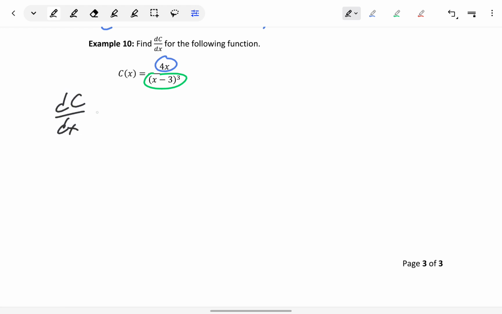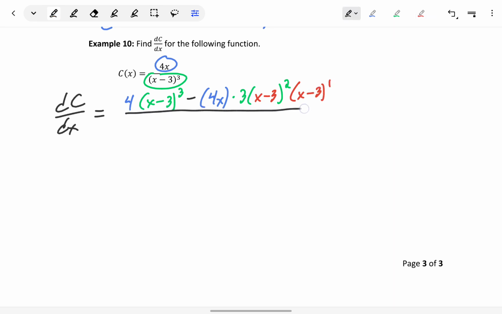To find dc over dx, we'll take the derivative of the numerator, so that will give us 4 times x minus 3 cubed minus 4x times the derivative of this composite function, so that will be 3 times this interior function, x minus 3, raised to the second power, times the derivative of that interior function, all over x minus 3 to the third power squared.